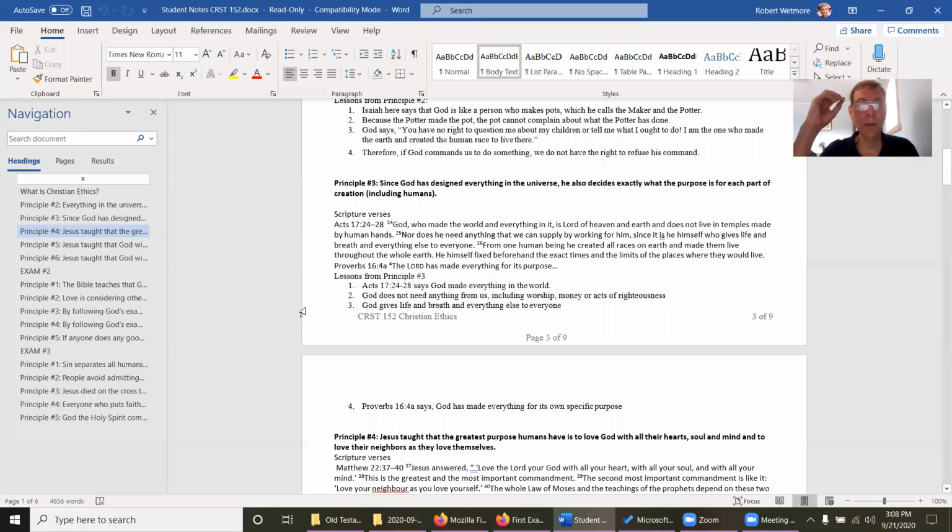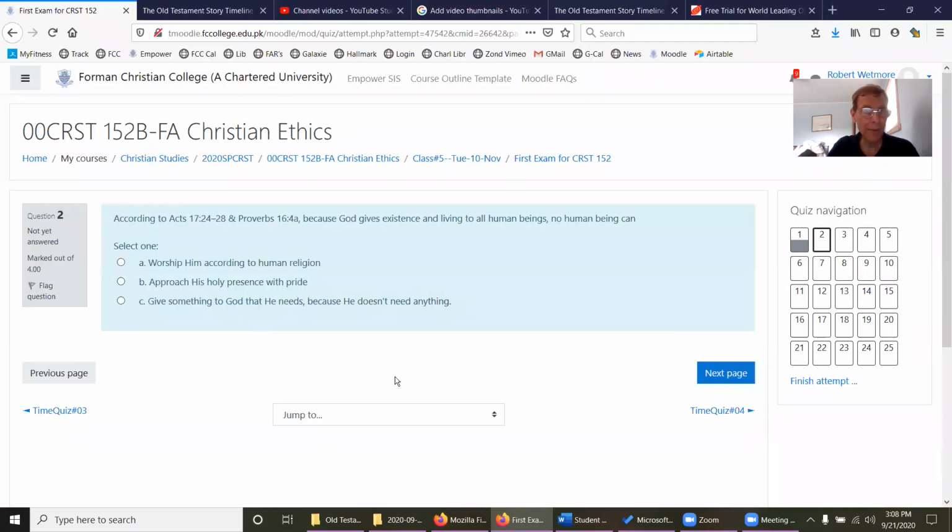I go back to the notes. Acts chapter 17, 24 through 28 says God made everything in the world. 2, God does not need anything from us. Wait a minute. God does not need anything from us, including worship, money, or acts of righteousness. Let's go back. Give something to God that he needs because he doesn't need anything.